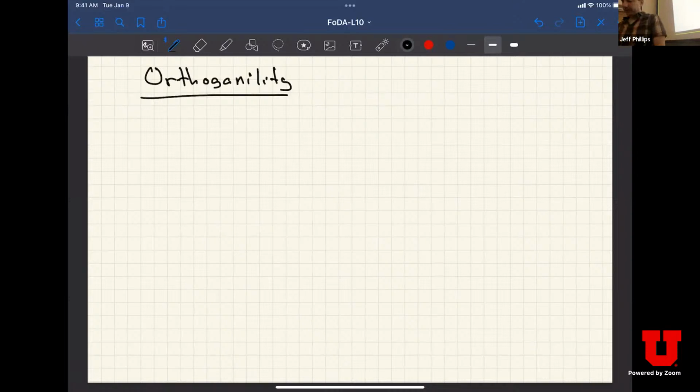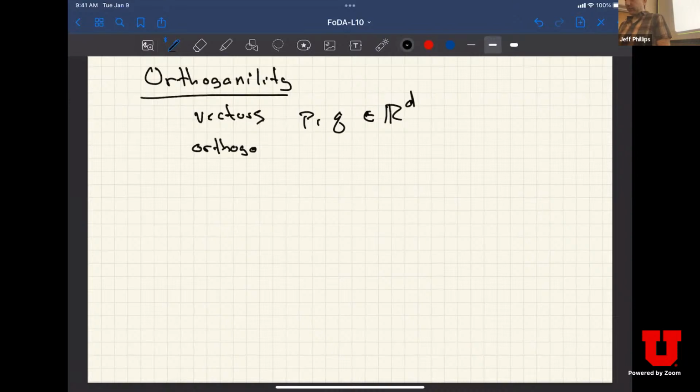Okay, so for vectors P and Q, they're both going to be in R^D, so d-dimensional vectors, and they are going to be orthogonal if and only if the inner product between P and Q is exactly equal to 0.